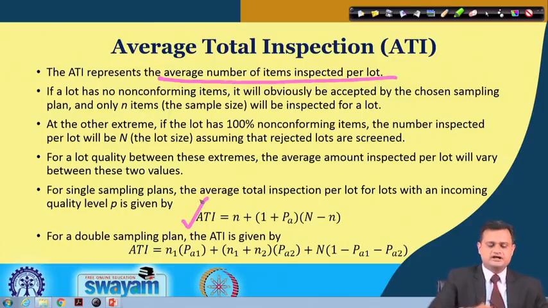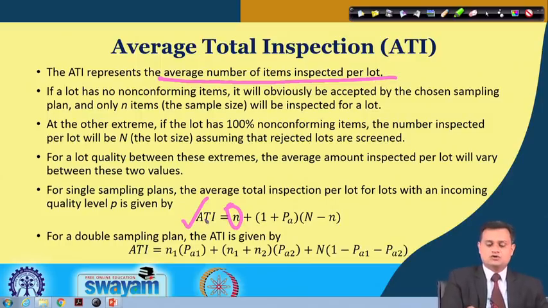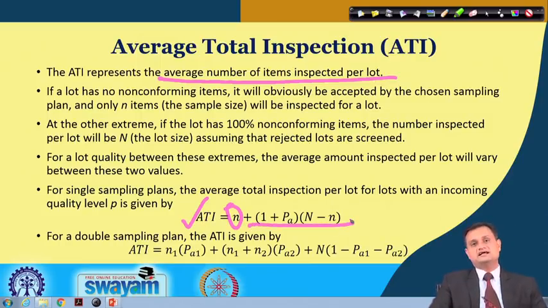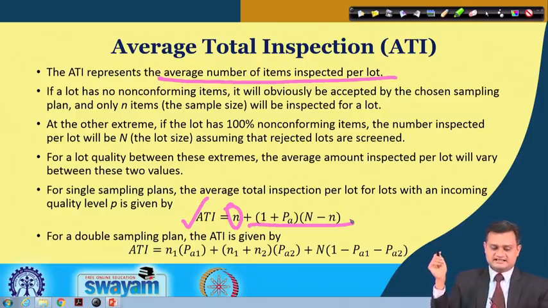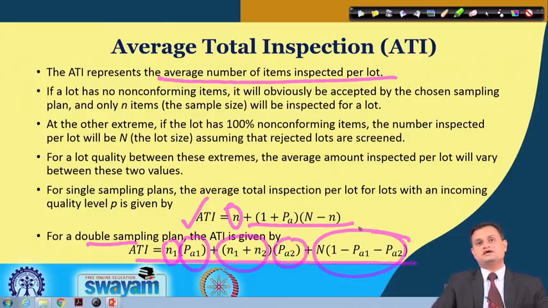Suppose I have sample size n, then ATI = n + (1 - PA)(N - n). Here N is your total lot, N minus n is the remainder not already inspected, and PA is the probability of acceptance. I can expand it for double sampling also: n1 PA1 + (n1 + n2) PA2 + N (1 - PA1 - PA2), for a double sampling plan.